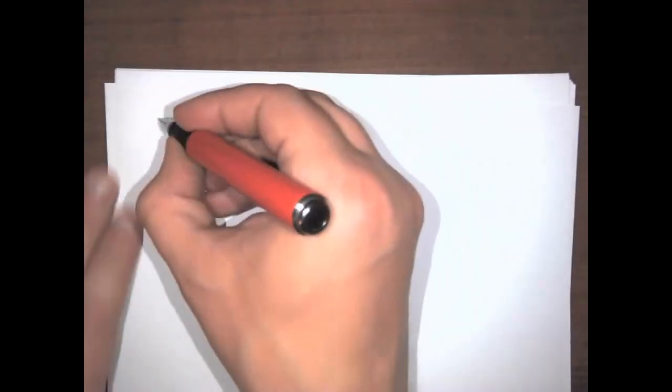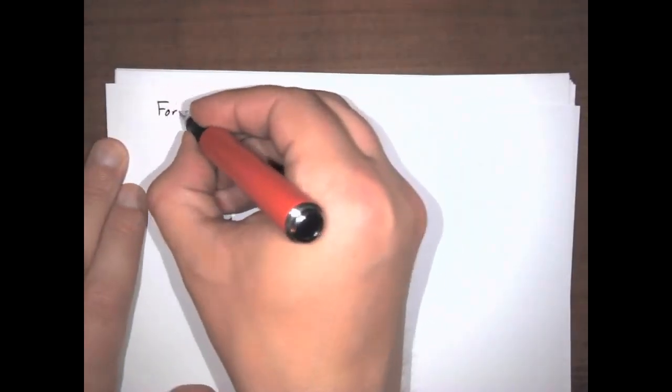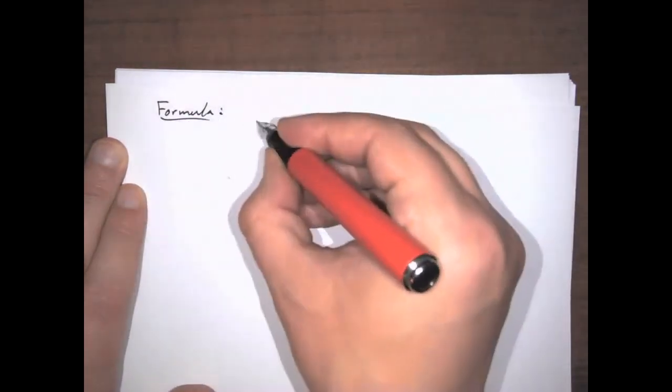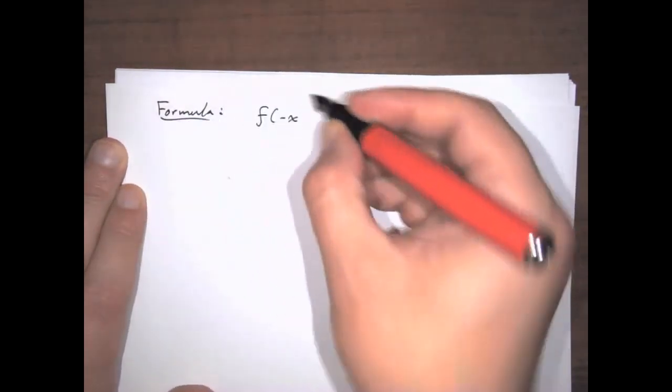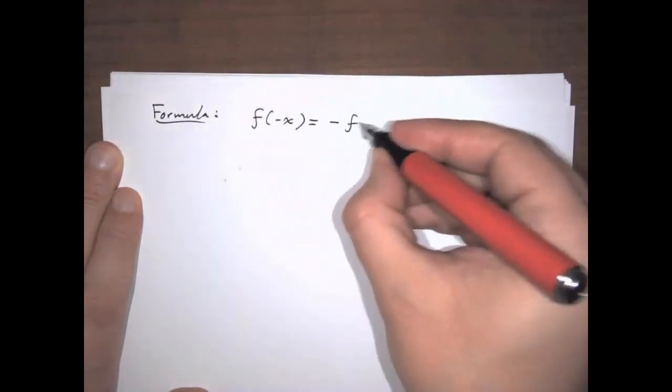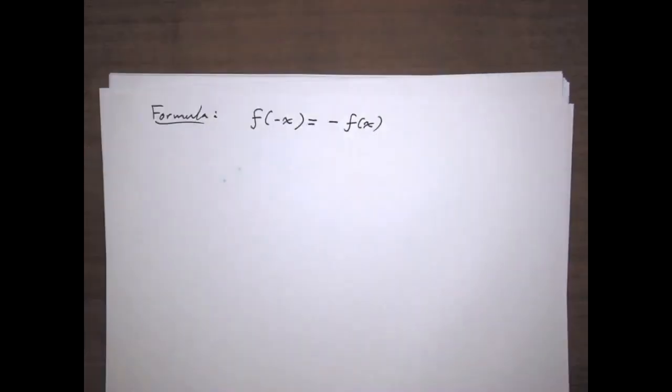So in the formula, f of negative x is going to be negative f of x.